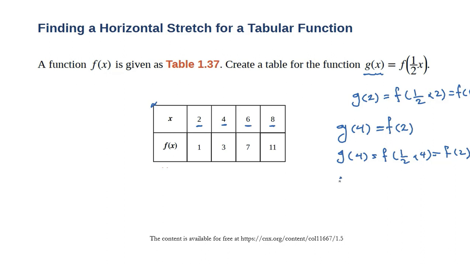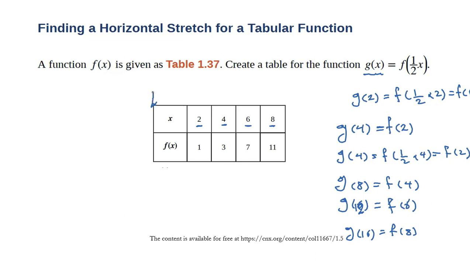F of 2 is g of 4. G of 8 is equal to f of 4. G of 12 is f of 6, since 12 multiplied by 1 over 2 is 6. F of 8 is g of 16.